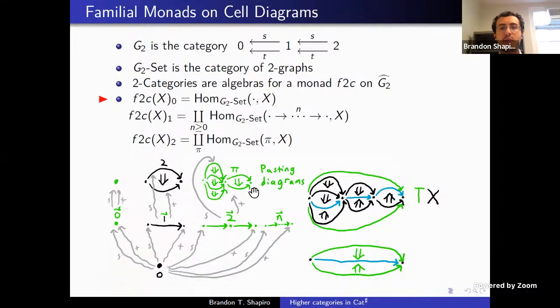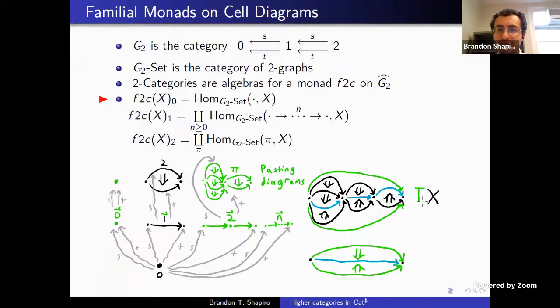So their source and target one cells are going to look like just the number of arrows on the outside that you're composing on the top and bottom. And that's going to look like one of these composable diagrams for one cell. So this was when I composed all of the top arrows and all of the bottom arrows, or in this case, for the downward pointing ones, all of these top arrows and then these blue arrows, which gave us the source and target of this composite two cell.